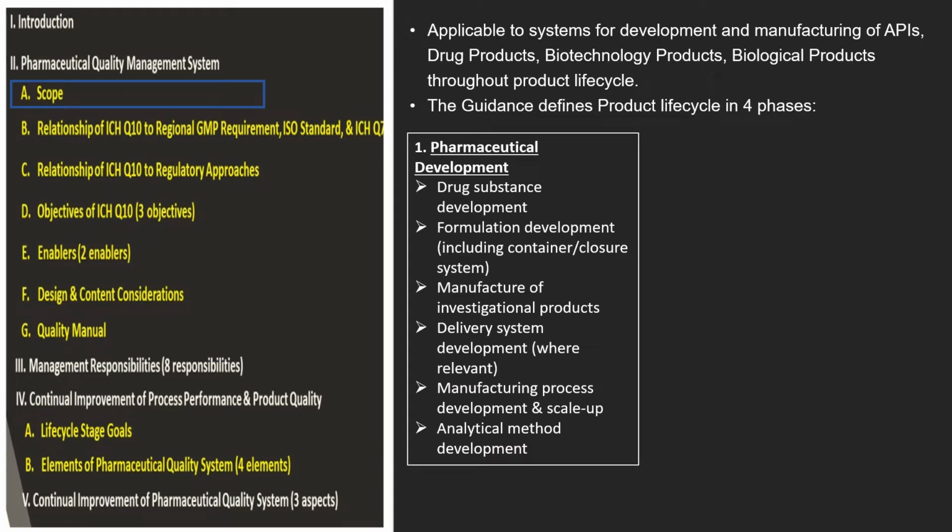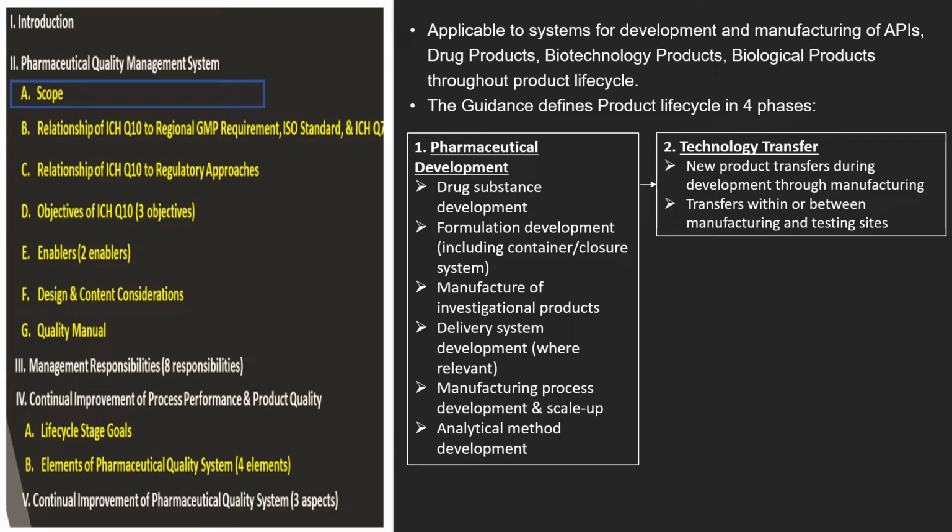Emphasis here should be noted that this guidance is applicable to the pharmaceutical development stages as well, where most CGMPs do not cover. Now in the pharmaceutical development part, it includes the drug substance development, formulation development, manufacturing of the investigational products, delivery system development where applicable, manufacturing process development and scale up, and analytical method development.